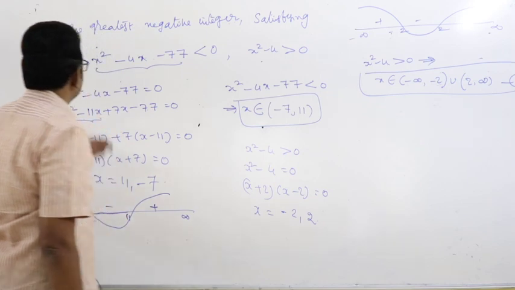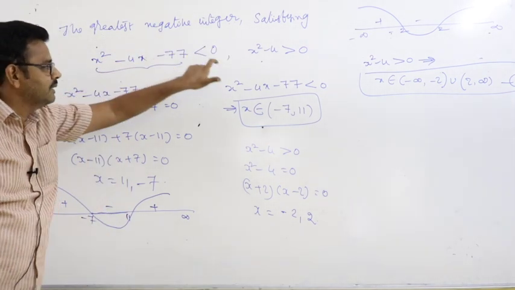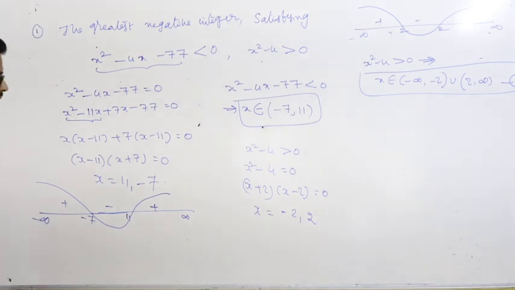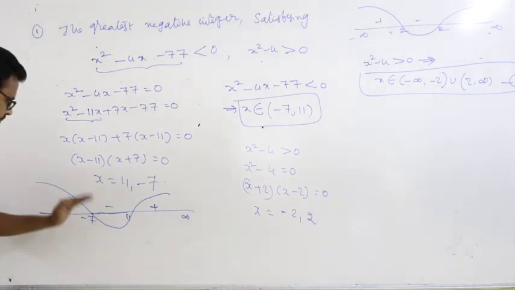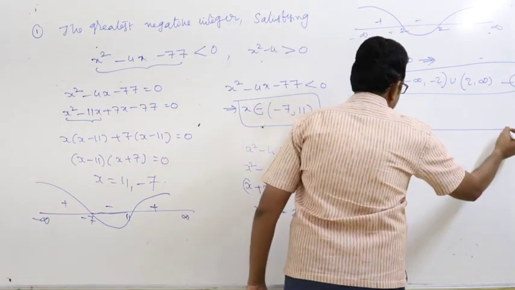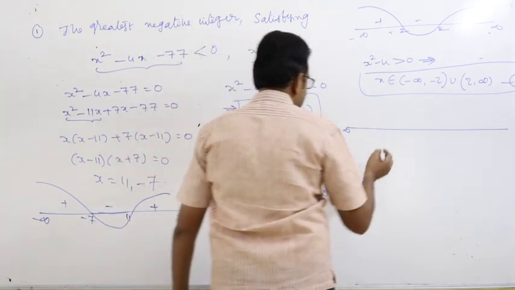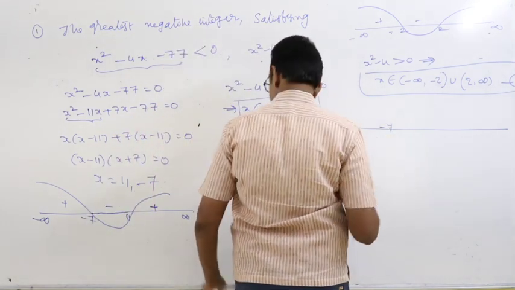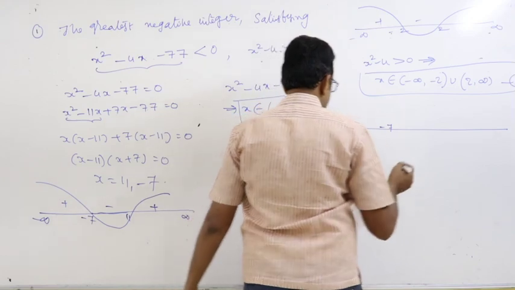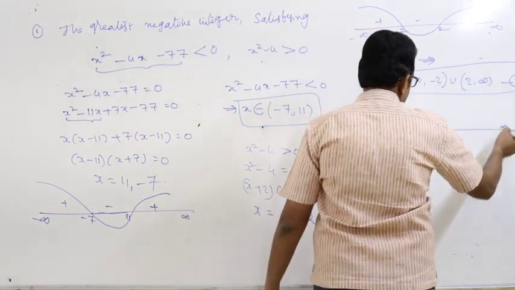Now, the given question is the greatest negative integer which satisfies both the inequalities. According to the previous sum, I can put the first one here. Minus infinity, this is minus 7 and this is 11, infinity.